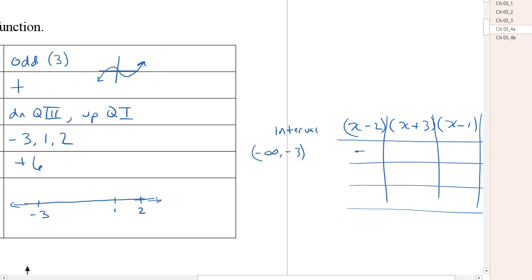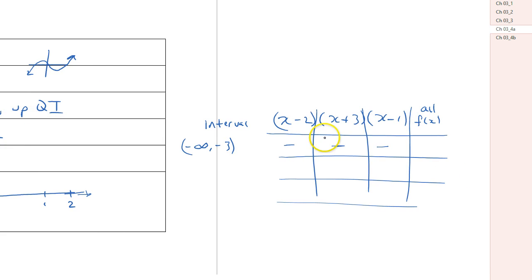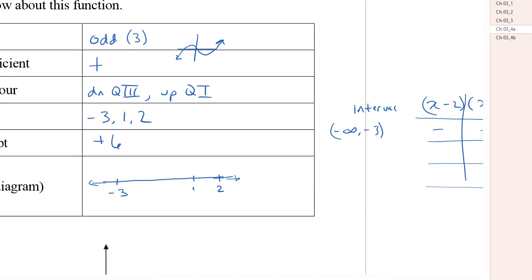All I'm thinking about is, will it be negative or positive? If I put in a very large negative value in x plus 3, it'll still be negative, and again it'll be negative here. So what happens to all these three when I multiply them together? A negative times a negative times a negative is negative, and that's why I know that this should be negative in that interval. Okay, so my next interval is between -3 and +1.